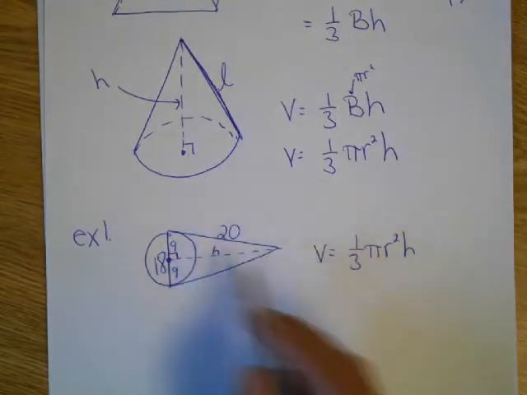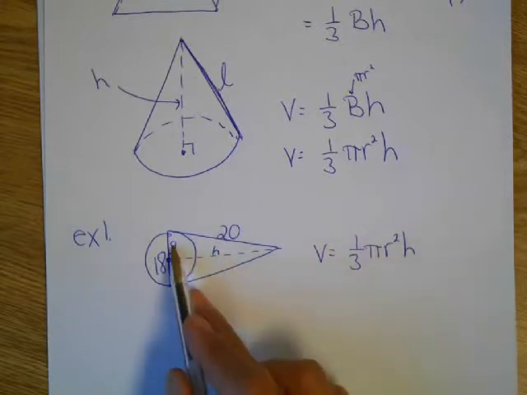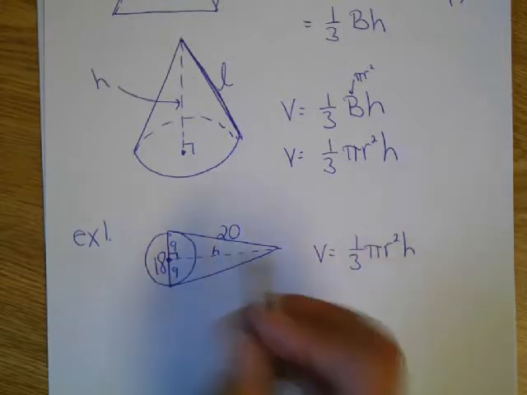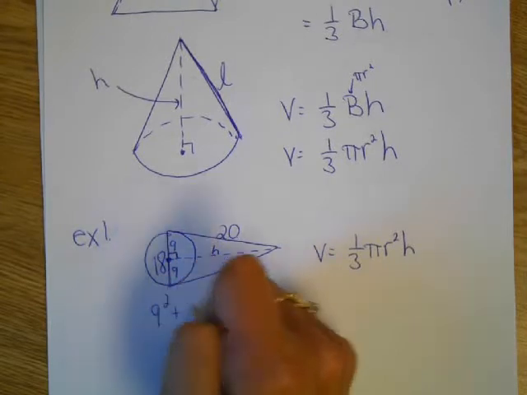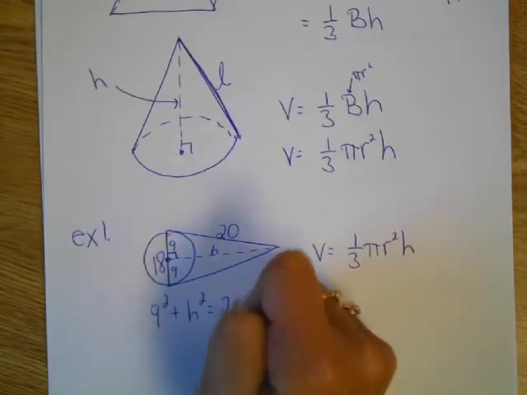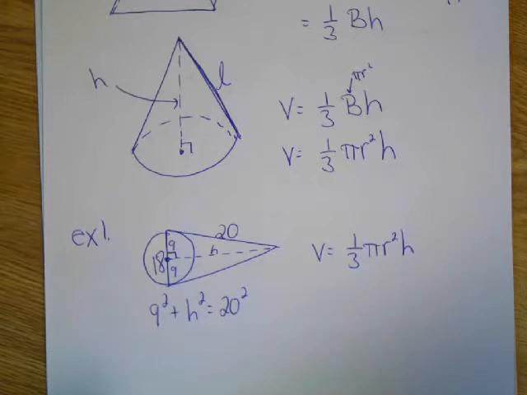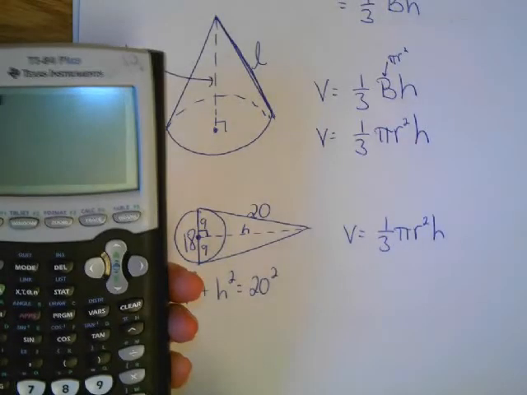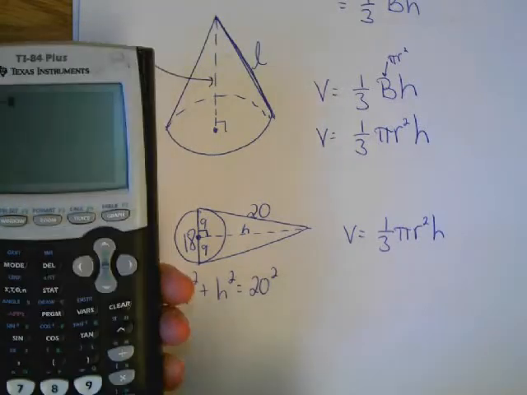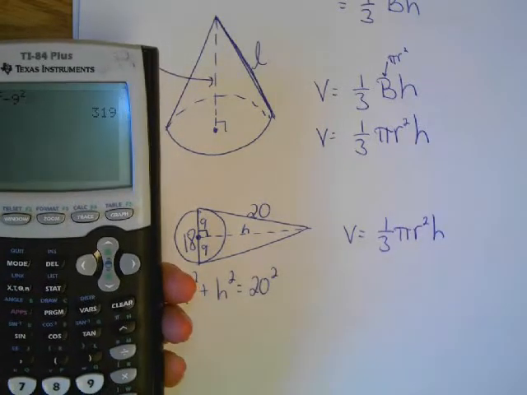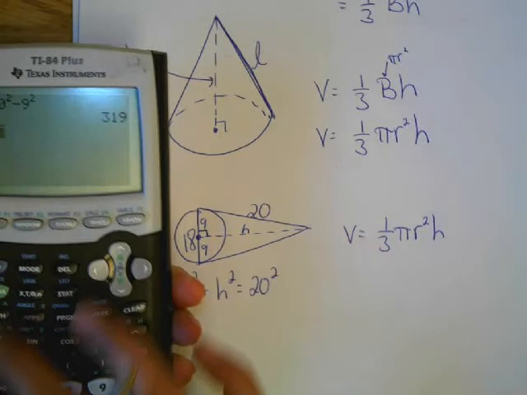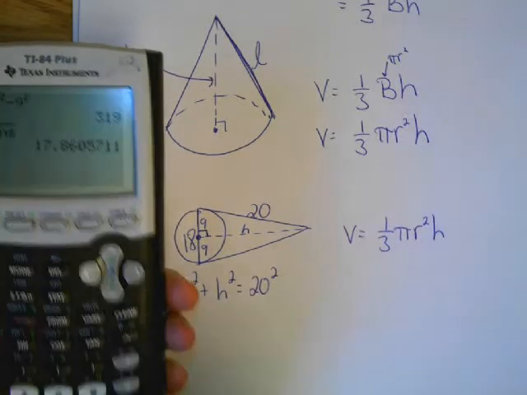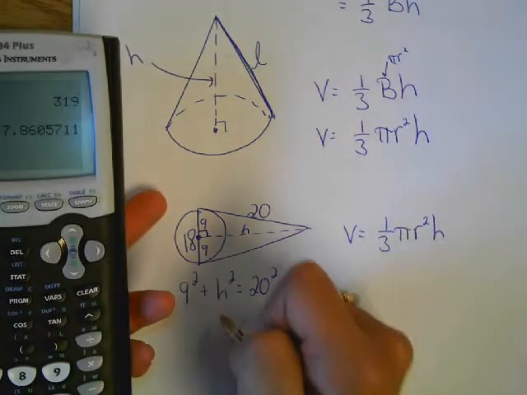Call that H, so we'll do Pythagorean theorem. Leg squared plus leg squared equals hypotenuse squared. And just doing all of the work on the calculator, I'll go 20 squared, subtract 9 squared, and then square root that. That's the 3 algebra steps that I would be doing there.